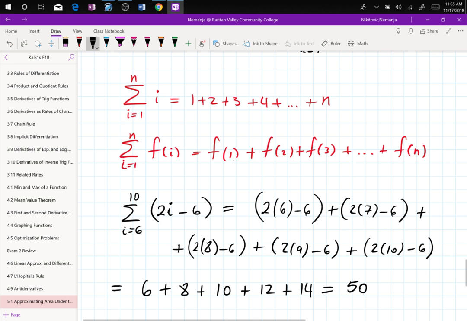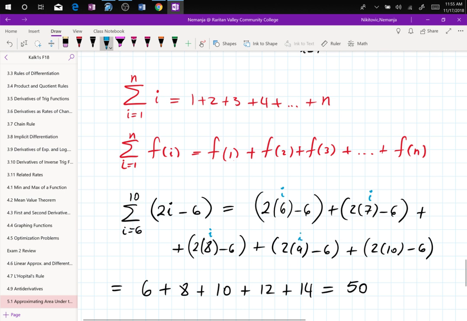So the counter i is what you plug in for i, and every time it updates to the next integer, you have to create the new term for it. So these are your values for i.